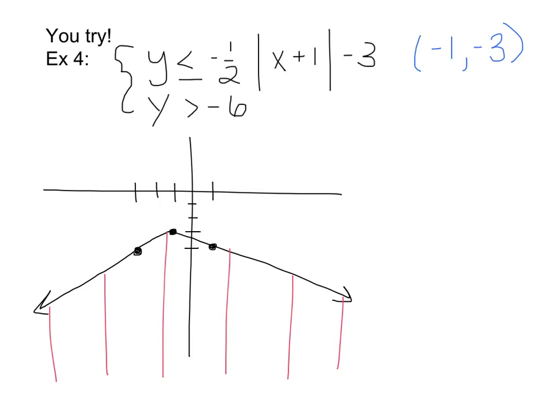So that is going to be a horizontal line at -6. And it is going to be a dashed line because it's just greater than. And you would need to shade above your line since it was greater than.